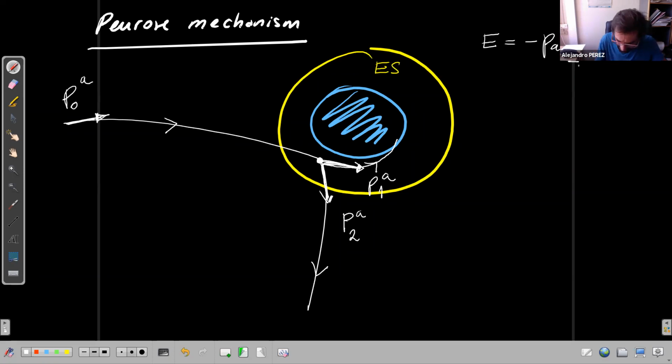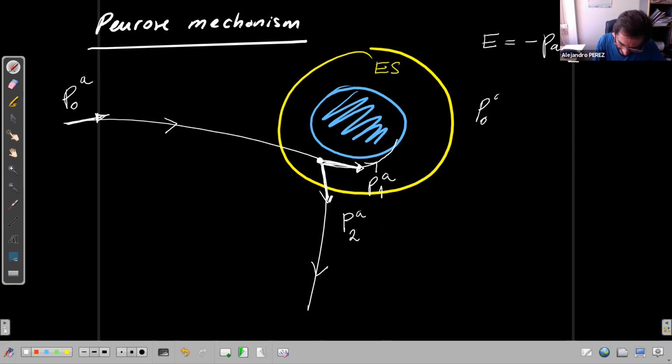Now, why is that useful? We'll see now that this allows you to extract energy out of the system. So let's say it again. We go all the way to this point, and there we split the particle into two. Because at that point we can use the physics of special relativity at a single point, because of the equivalence principle, we know for sure that energy-momentum must be conserved.